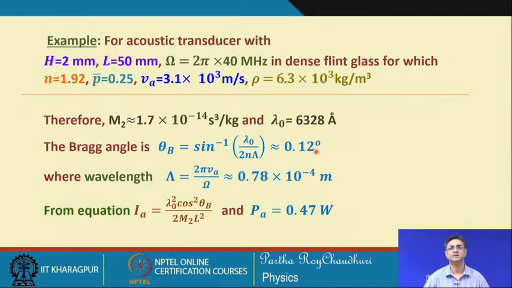So, it is almost a grazing angle, very close to the x axis. Using this Bragg angle back in the equation, the wavelength of the acoustic wave with this data is 0.78 times 10 to the power minus 4 meter.